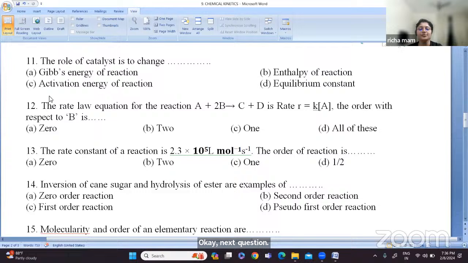The rate law equation for the reaction A plus 2B giving you C plus D is rate is equal to K into concentration of A. The order with respect to B is.